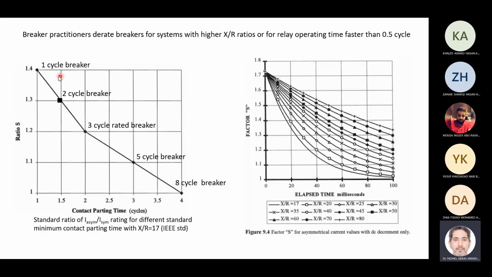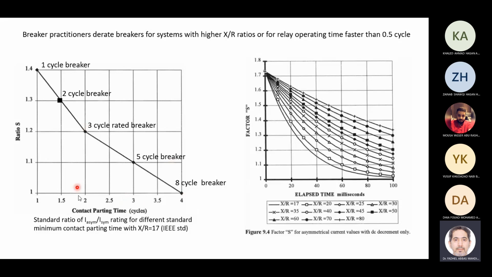So the manufacturer gives you a one cycle circuit breaker, two cycle circuit breaker, three cycle circuit breaker, or five cycle or eight cycle circuit breakers. This means total clearing time. It doesn't mean the contact parting time. So what they did, the standard said, for an 8 cycle circuit breaker, the contact parting time is 4 cycles, and for 5 cycle it is 3 cycles.